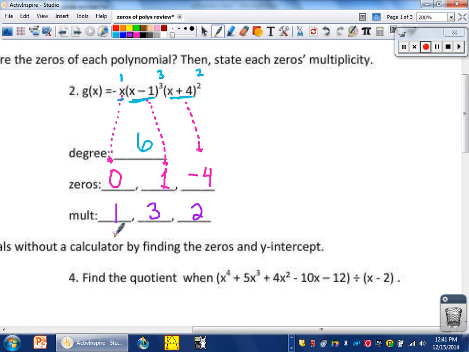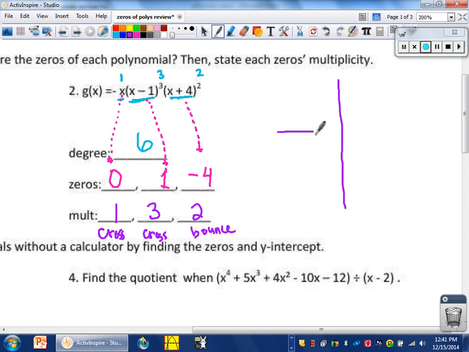Okay, so if you were going to graph it, it would cross at 0. It would cross at 1, because this is an odd multiplicity, and it would bounce at negative 4. So any odd multiplicity crosses, any even multiplicity bounces for your graph. Good thing to remember when we're trying to sketch.